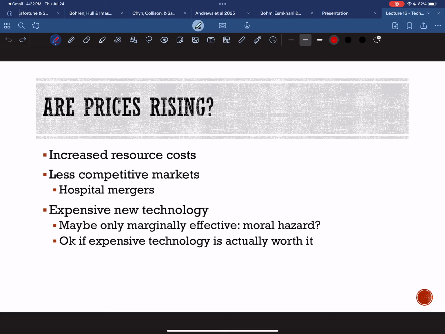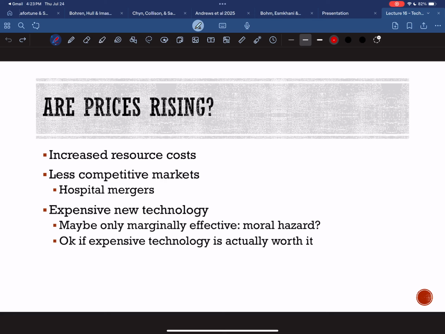And again, so expensive new technology is good if the expensive new technology is worth it. Right, so for example, Wegovy, Ozempic, these are basically miracle pills that really help people. They're maybe not perfect cures, but they're going to make a huge dent in the obesity epidemic, which is going to really improve health for most Americans.